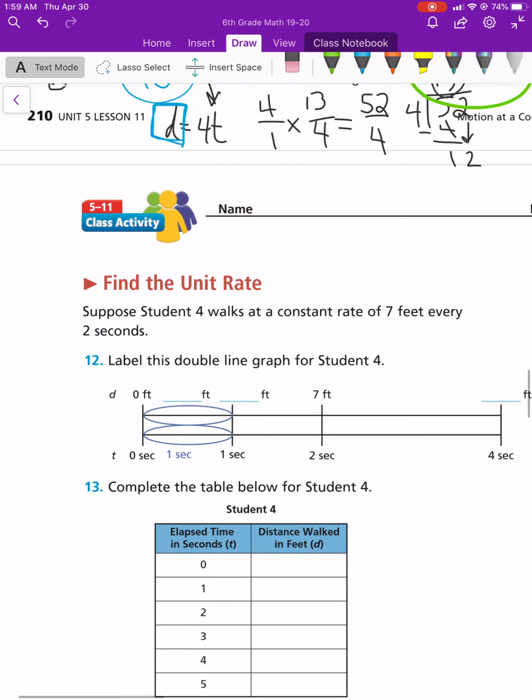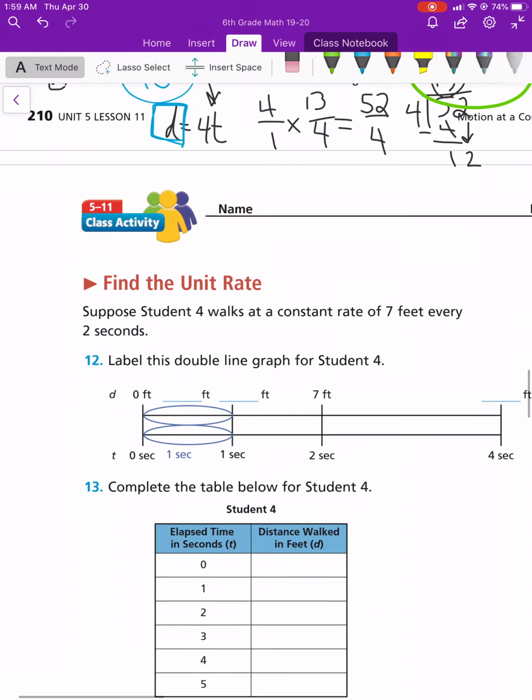I can just write in 3.5, and that's a pretty simple one. If I do half of that, I get 1.75. If you don't believe me, check me. Half of 3.5 is 1.75, and that's where it lands right here on this timeline.